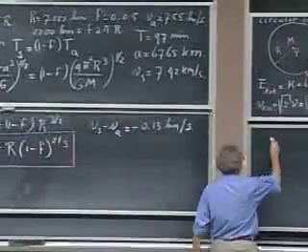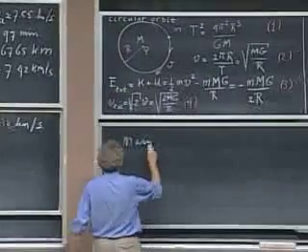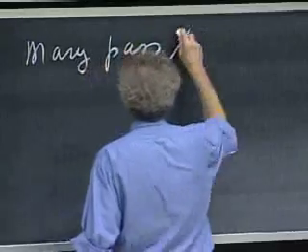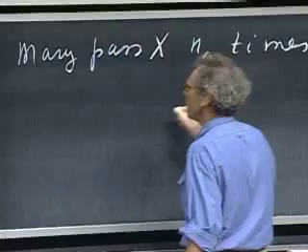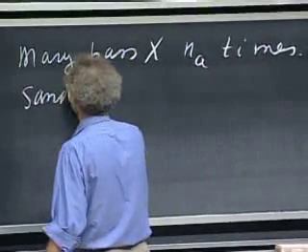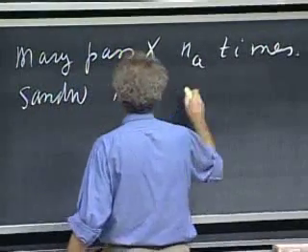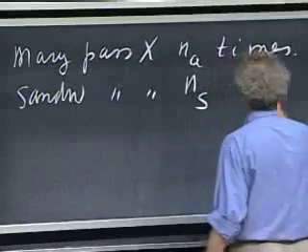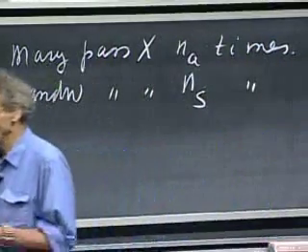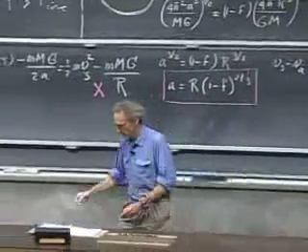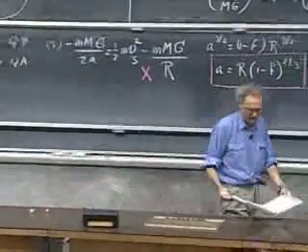We can have Miri pass that point X N_A times, and we can have the sandwich pass that point X N_S times. As long as these are integers, that's perfectly fine. Then ultimately, if they have enough patience, they will meet at point X.